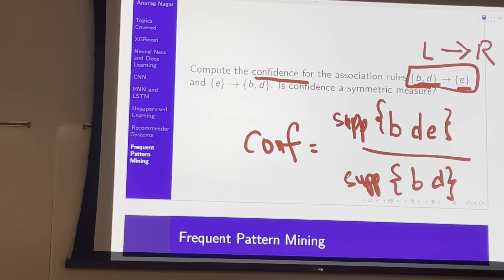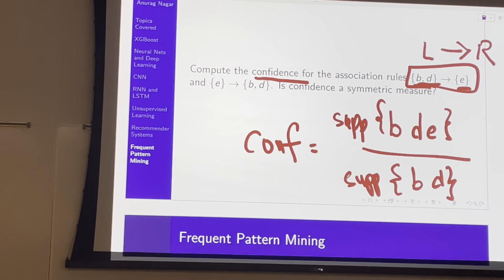So there can be questions on support and confidence, very simple questions that you could be asked. Now, after that, we had done something called frequent pattern mining. In frequent pattern mining, we had done two algorithms.